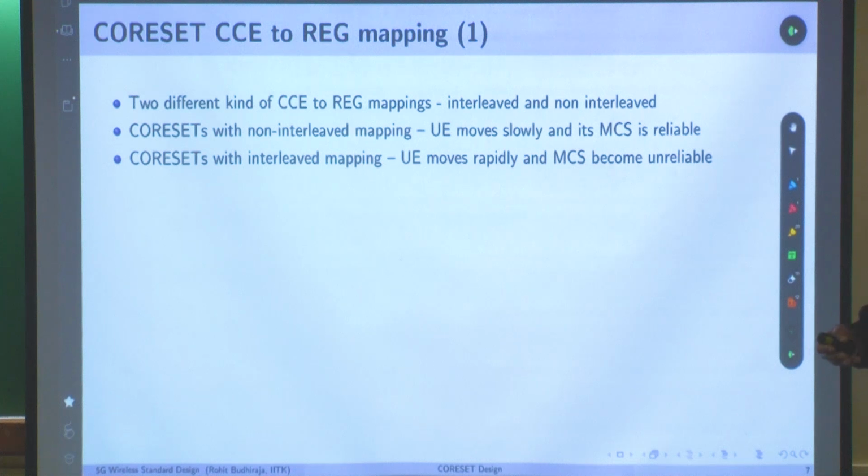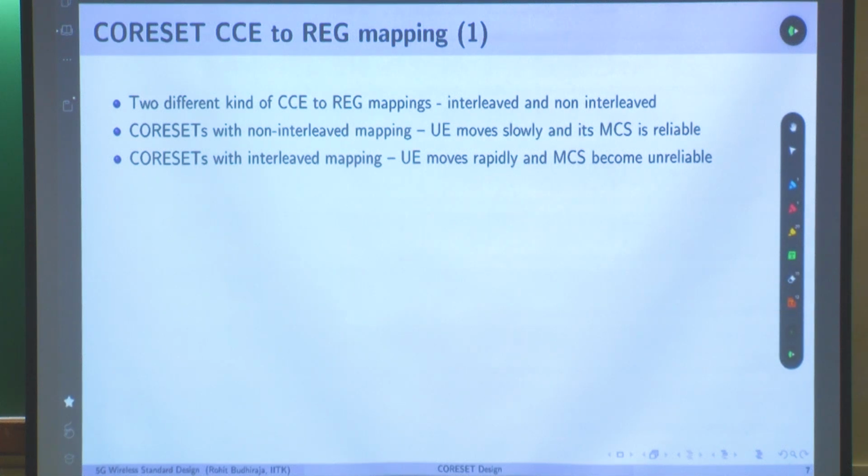Since the channel is changing fast, you do not have a reliable MCS, so you do not know what the link should typically be, and you will have to make a guess. You make this extra effort wherein, in this interleaved mapping, you take one REG from, let us say, the beginning 0th PRB, one REG from, let us say, the 25th PRB, one REG from the 50th, another from, let us say, you will do it with an offset.